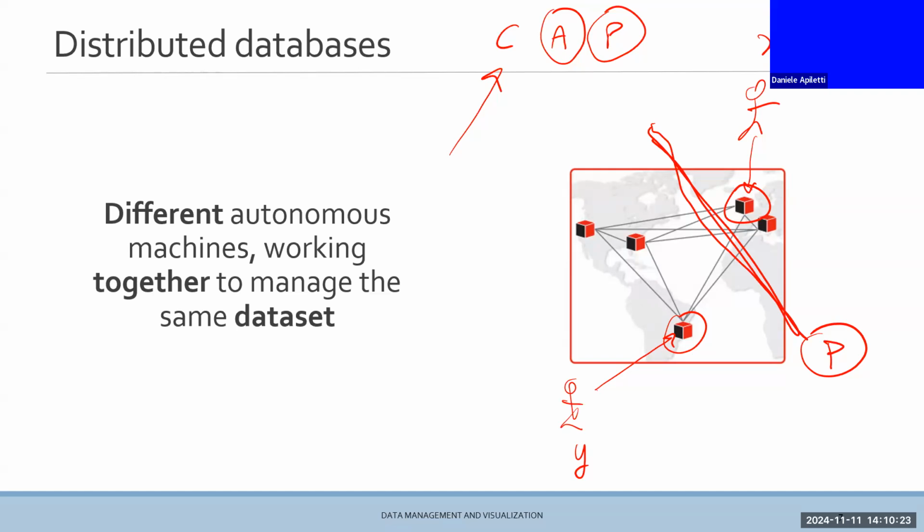Let's change it. Now I decide I want to keep the C. Let's see what happens. I want to be consistent. So to be consistent, I must guarantee that all the nodes see the same data. What's the only thing I can do? If I change nothing, they will be consistent.